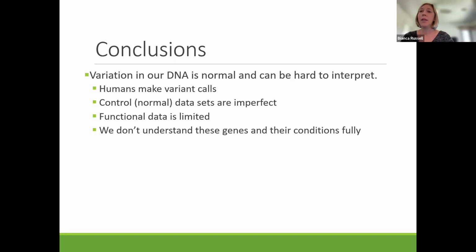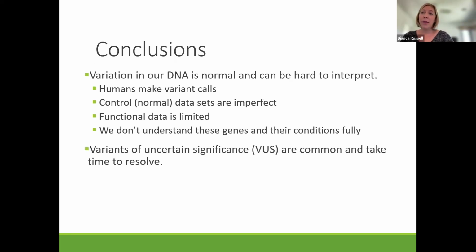So there's a lot that goes into the interpretation, and it can be really tricky for a lot of reasons, but I wrote a couple of them here, right? So humans are the persons who make the variant calls, so it's not a perfect science. Our databases of normal data are imperfect. We have limited functional data to actually investigate each person's letter changes, and we still don't understand many of these genes and many of their conditions fully.